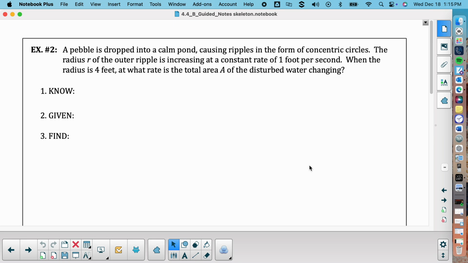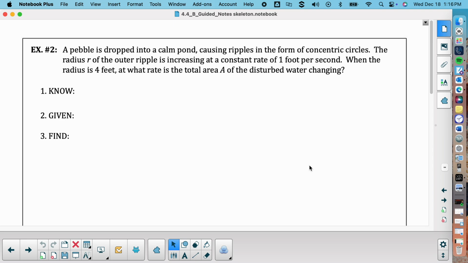When the radius is 4 feet, this is roughly 4 feet, right? So when the radius is 4 feet, it wants to know how fast the area is changing. If you have a very small circle, and this small circle goes 1 foot bigger, 1 foot per second bigger, well, the area didn't change much because it was very little to start with, and the circle that you added was also small.